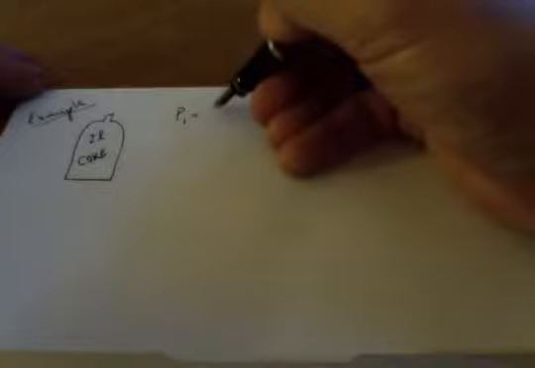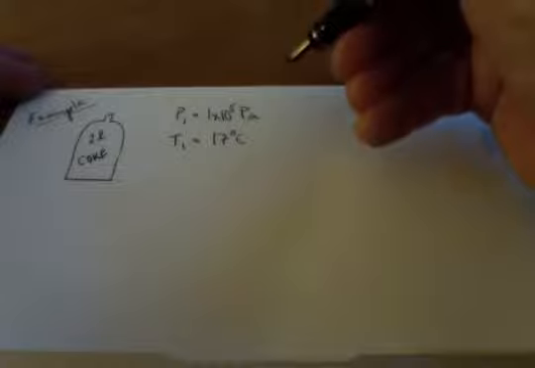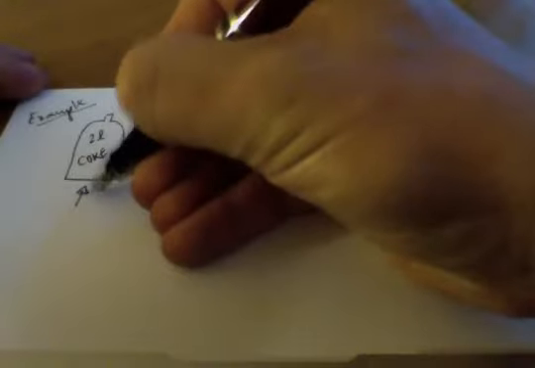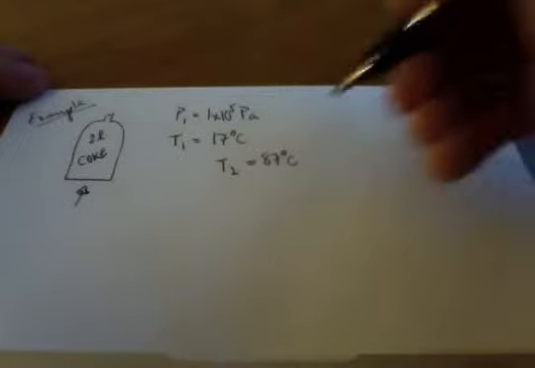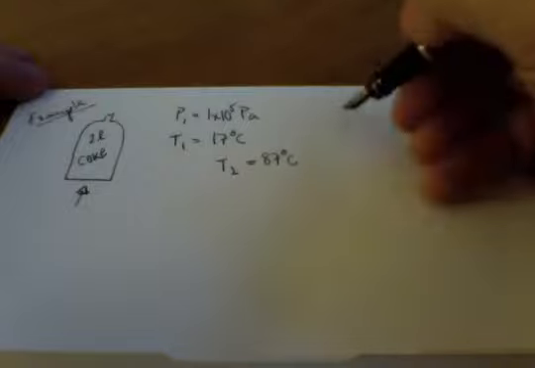However, its initial pressure is at 1 times 10 to the 5 pascals, and its initial temperature is 17 degrees Celsius. We then heat it, and the temperature increases to 87 degrees Celsius. So what is the new pressure?